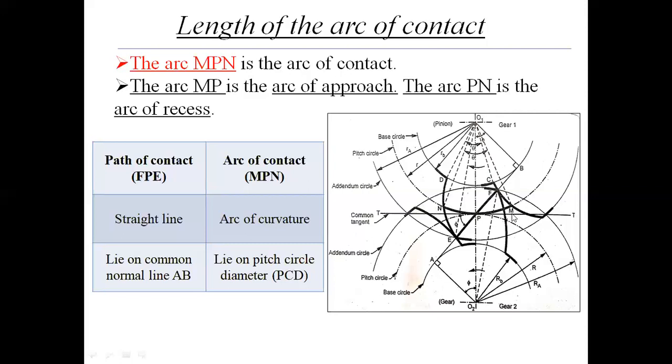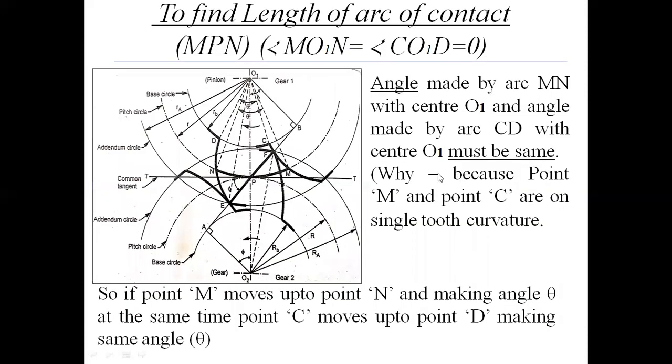And this segment of a circle MPN makes angle theta with the center of rotation of the pinion, O1. That is, angle MO1N is theta.